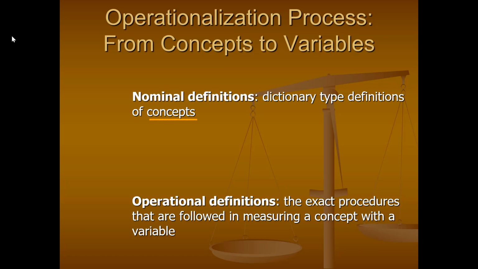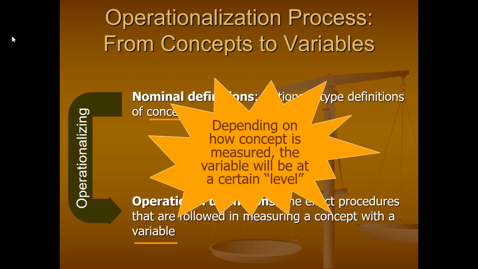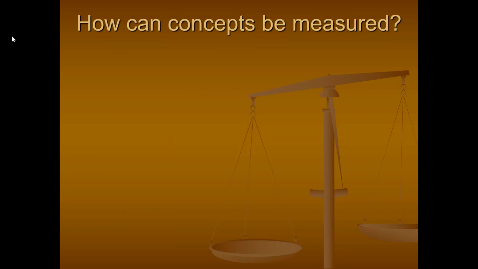When we're going from concept to a variable or variables, this is known as the operationalization process, or operationalizing. Depending on how a concept is measured, the variable will be at a certain level.